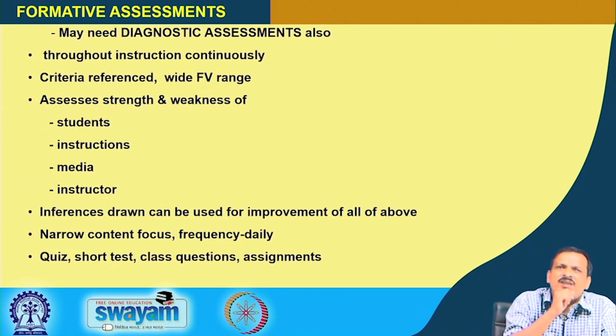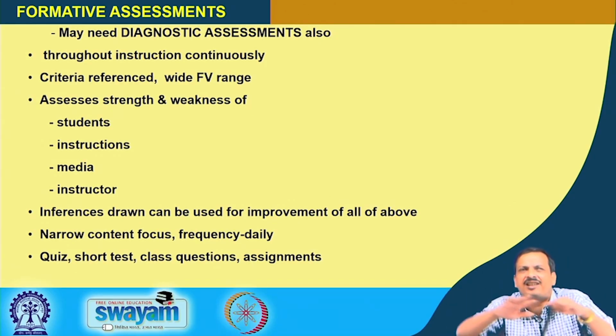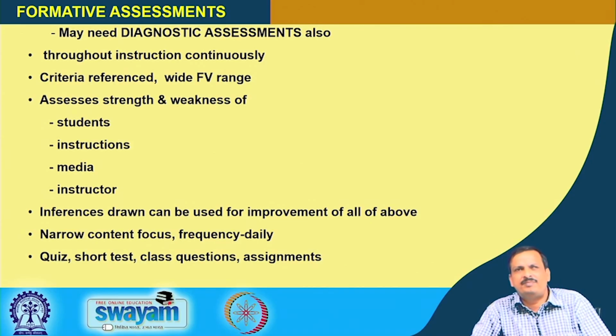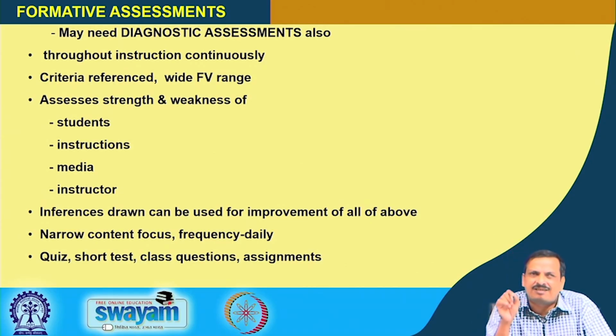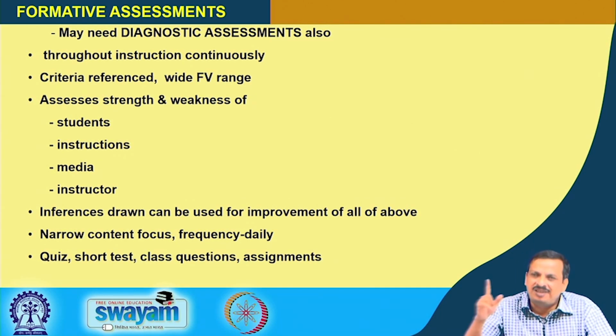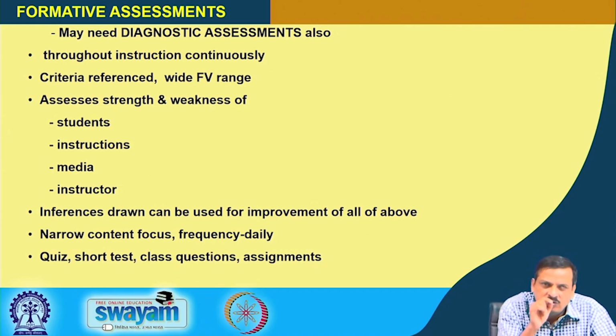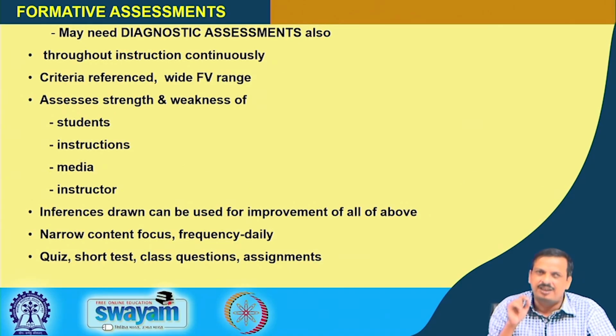But what is the problem? In a large classroom, suppose I have a classroom size of 300 students, and I take a class test to find out the misconceptions of the individual students, think about the enormous task I have as a teacher. I have to correct 300 answer sheets, not only provide marks, I have to find out for these students this misconception, these students this misconception.